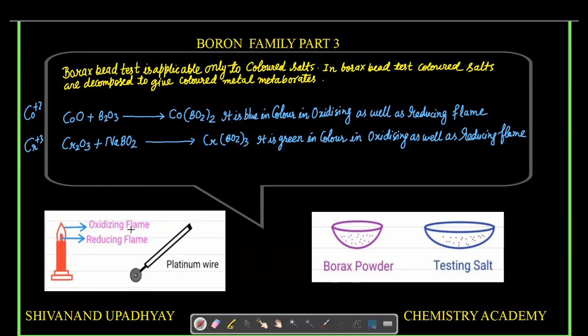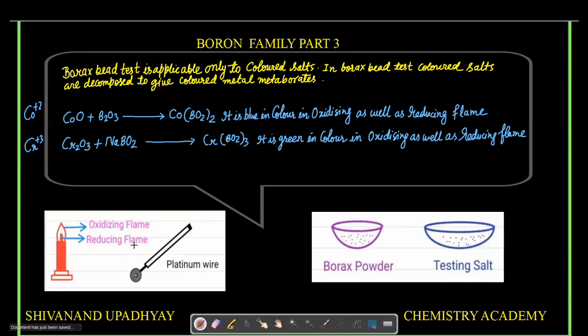In the oxidizing flame the color will be different, and in the reducing flame the color will be different. I have taken only those examples which are very important and less confusing. For cobalt 2 plus, in both the oxidizing and reducing flames, the color is the same, that is blue. For chromium 3 plus, it is green in both flames.